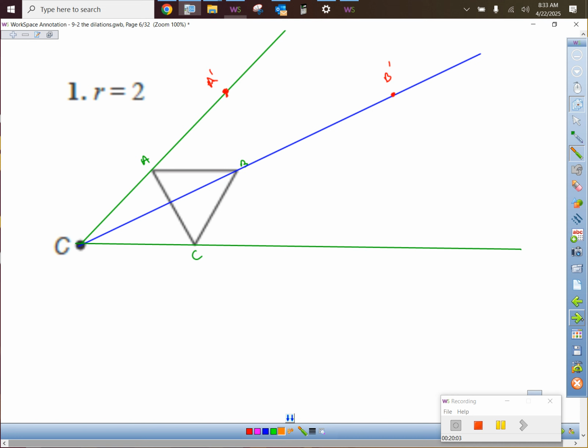So you're just measuring from here to here. Then measure that out and call it C prime, and then connect A prime to B prime to C prime. It should be the same shape. It's still a triangle, but it should be twice as big.